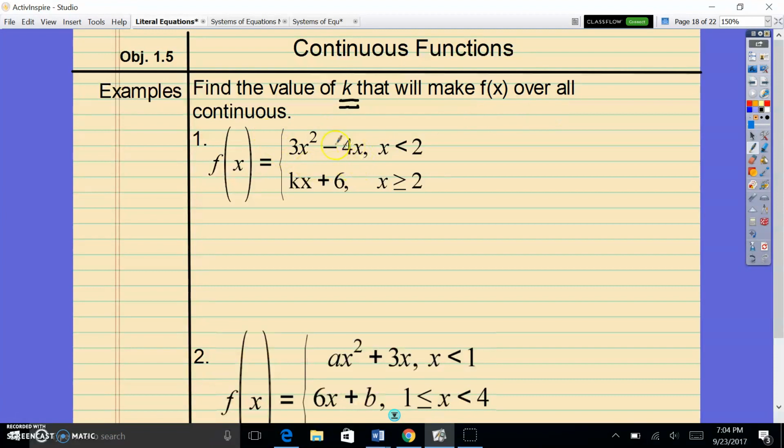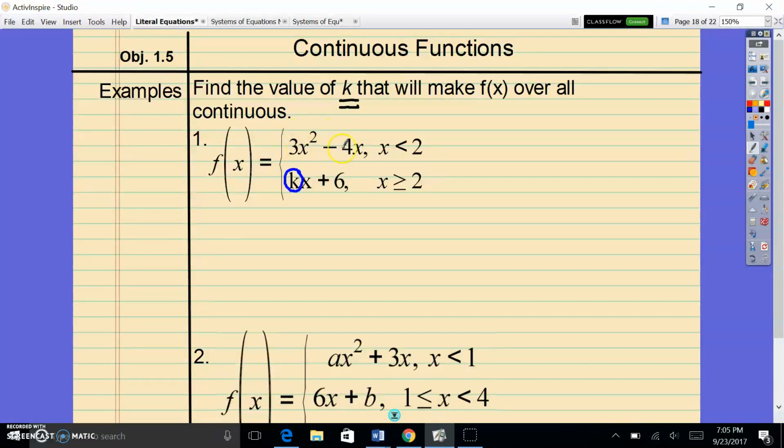So if you look at this piecewise function here, you have 3x squared minus 4x, x is less than 2, and kx plus 6 when x is greater than or equal to 2. So k here is a number, and it's not a variable. It's supposed to be some number. And our job is to find that number so that these two pieces connect. In other words, so that the function is continuous.